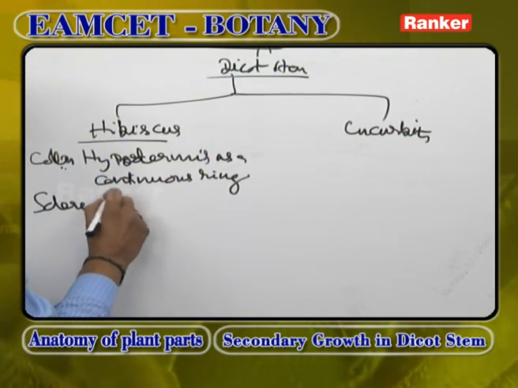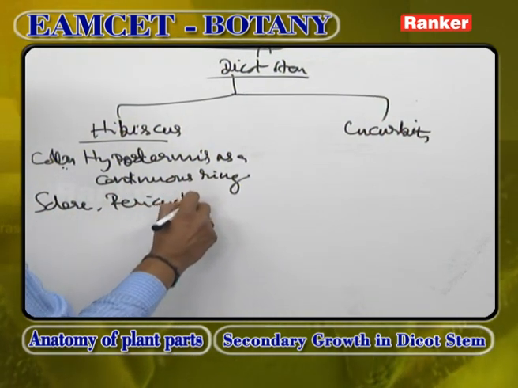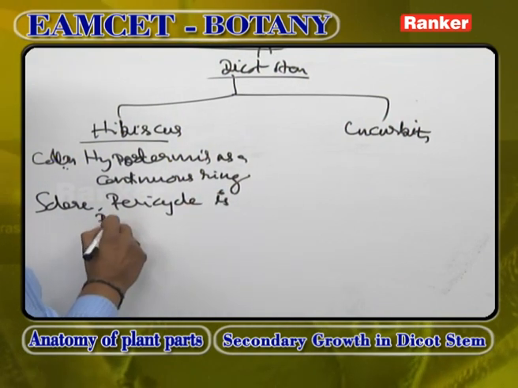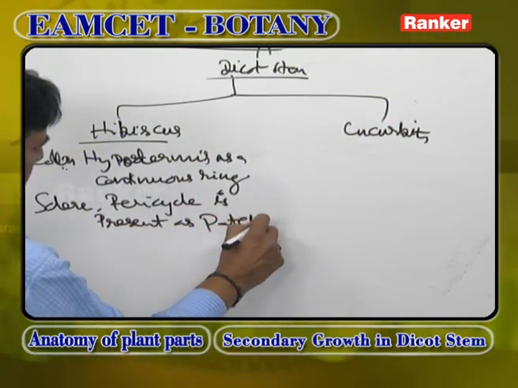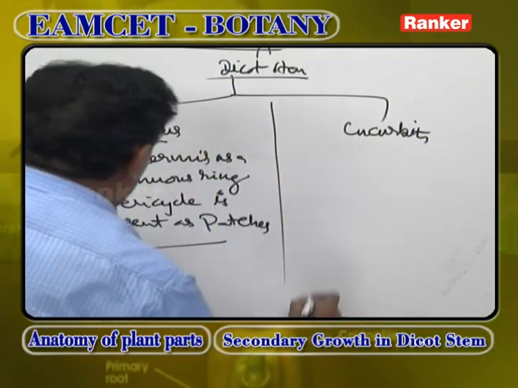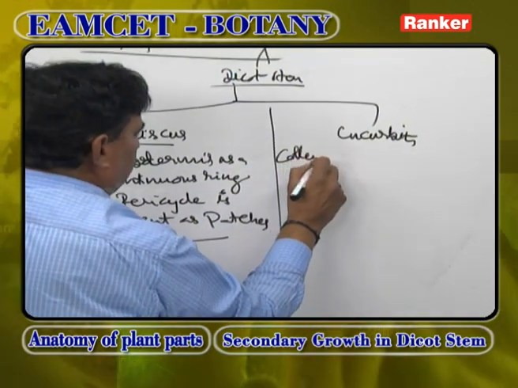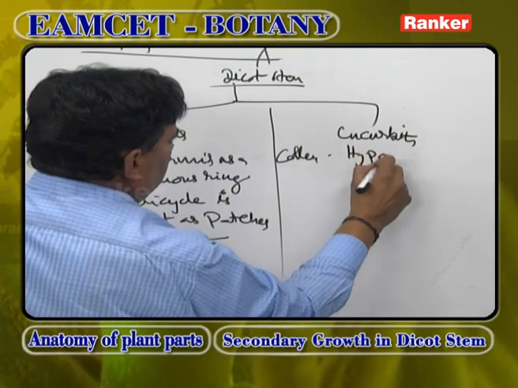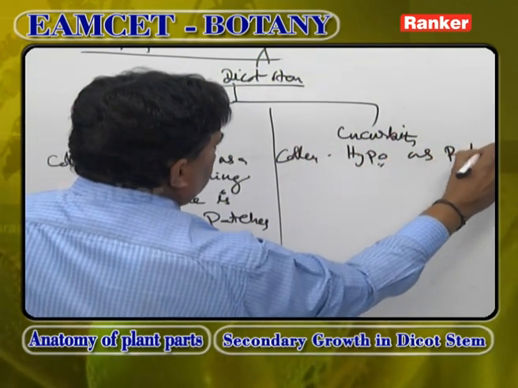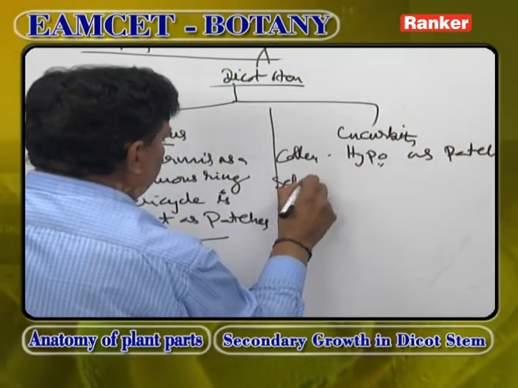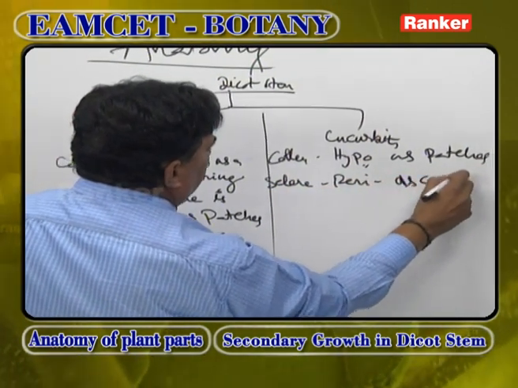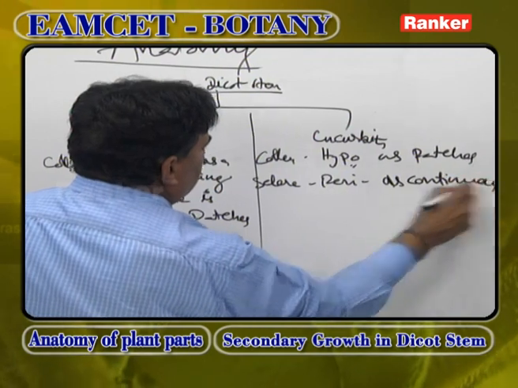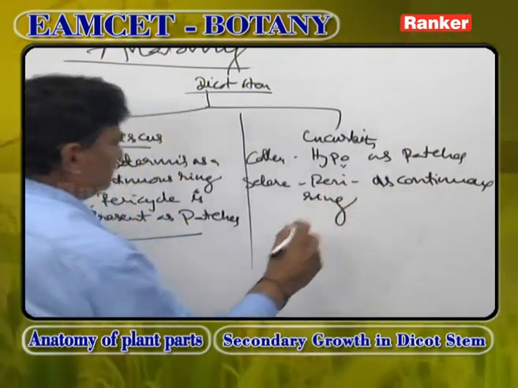The sclerenchymatous pericycle is present as patches. Exactly opposite in cucurbits: collenchymatous hypodermis is present as patches, and sclerenchymatous pericycle is present as a continuous ring. So remember these two basic differences.